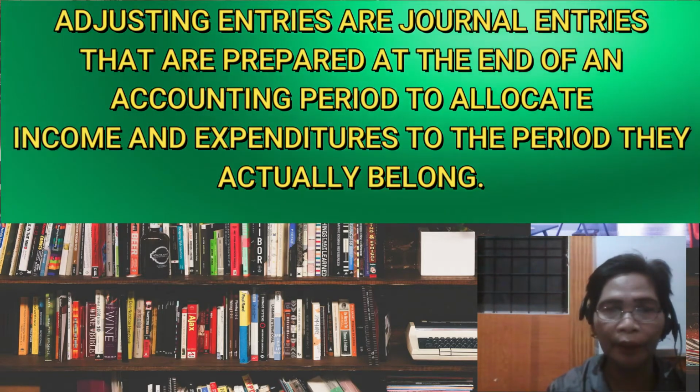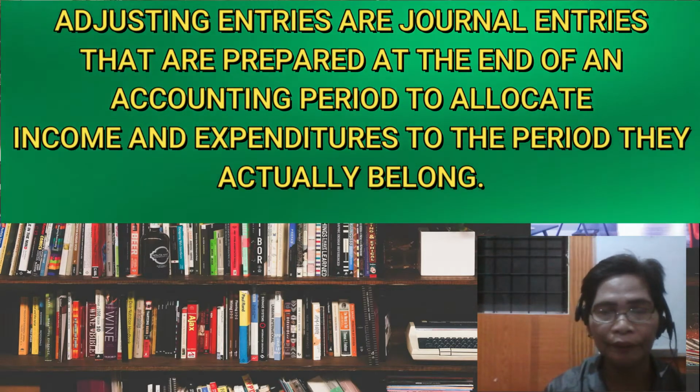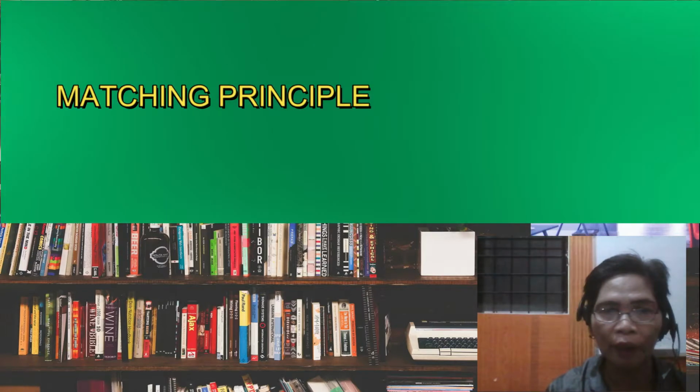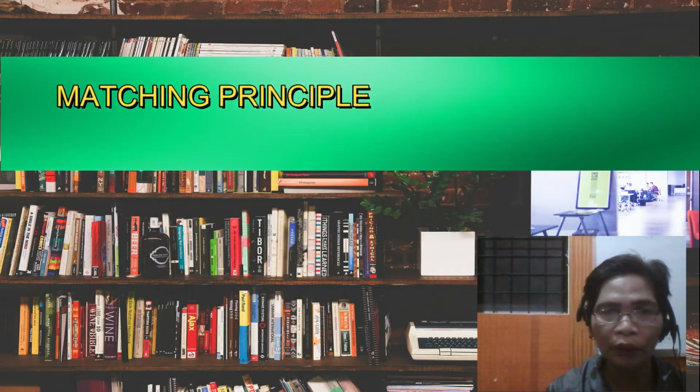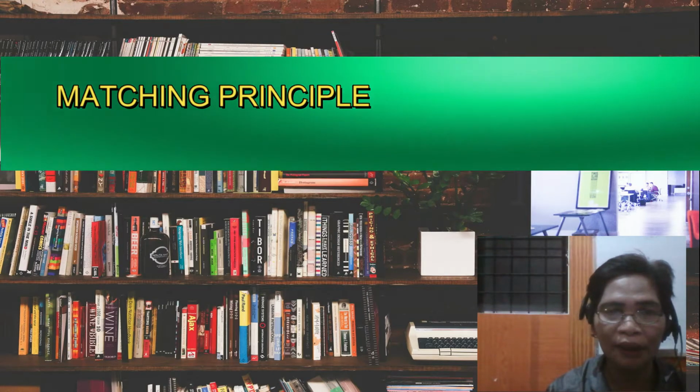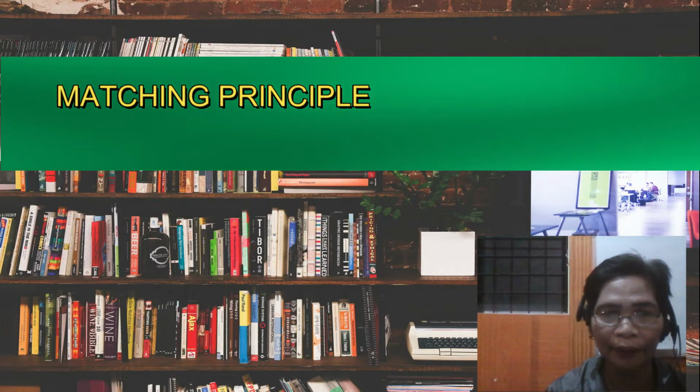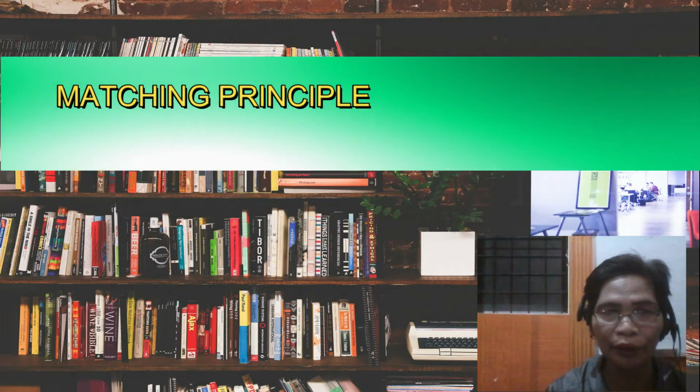Number one, we have the matching principle. The matching principle in accounting states that all the expenses reported in the current year should match the income that is earned during the year.